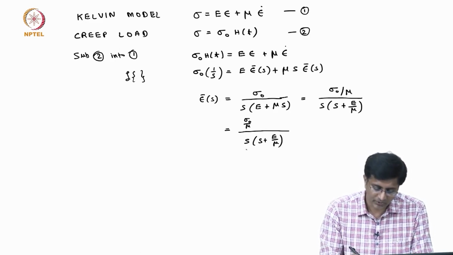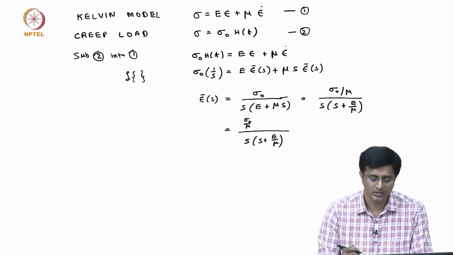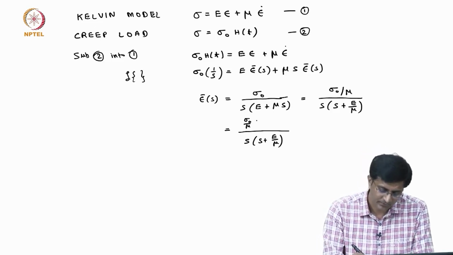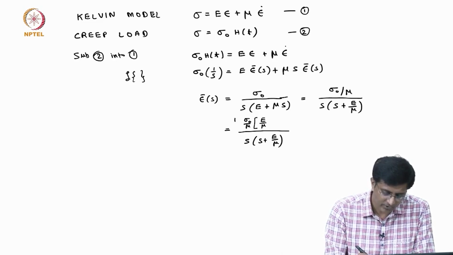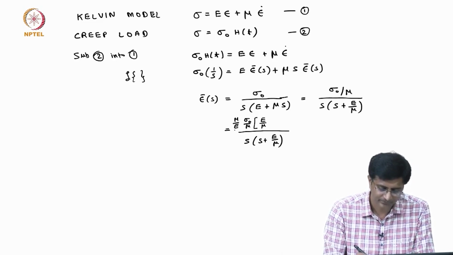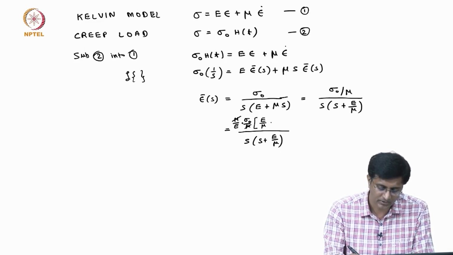So, let us try to get this E by mu in the numerator, then we can add and subtract, like what we have done for the Maxwell models. So, how do we get E by mu here? We again multiply with mu by E. So, these mu and mu cancel out each other, and now I can add and subtract s.